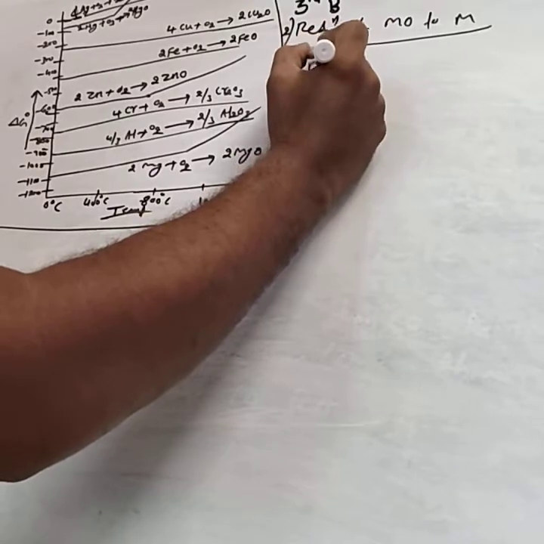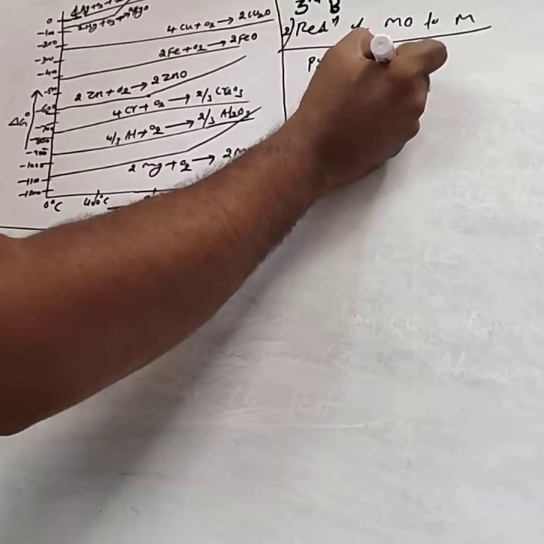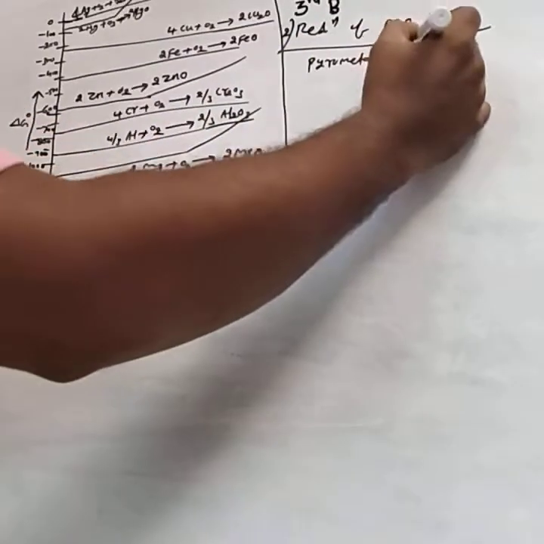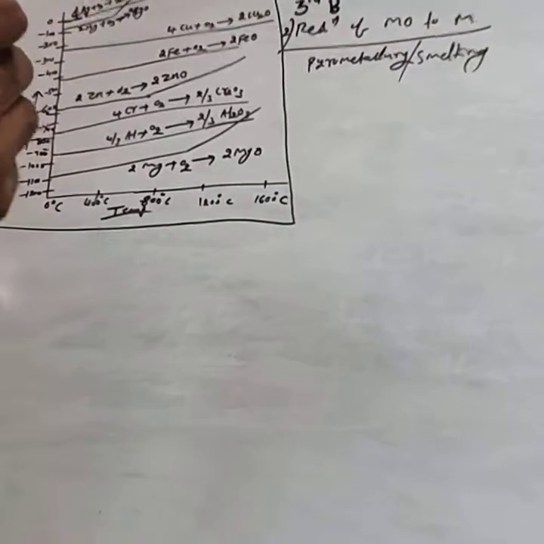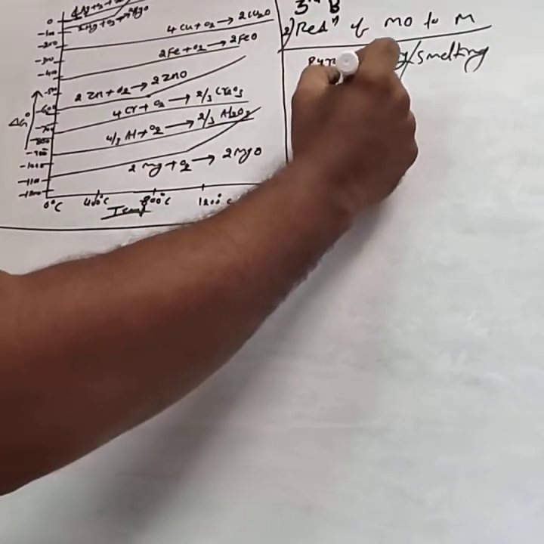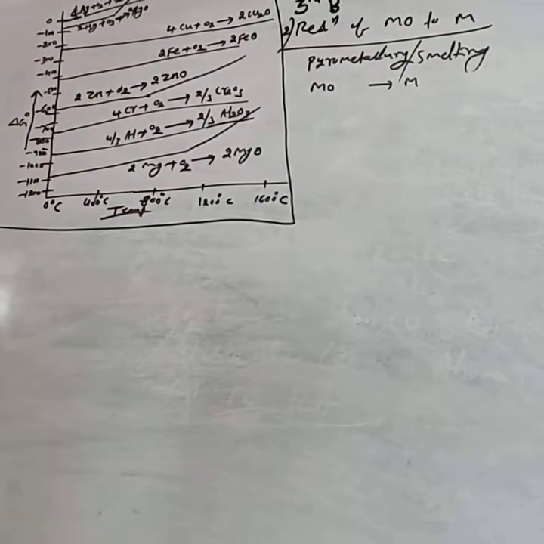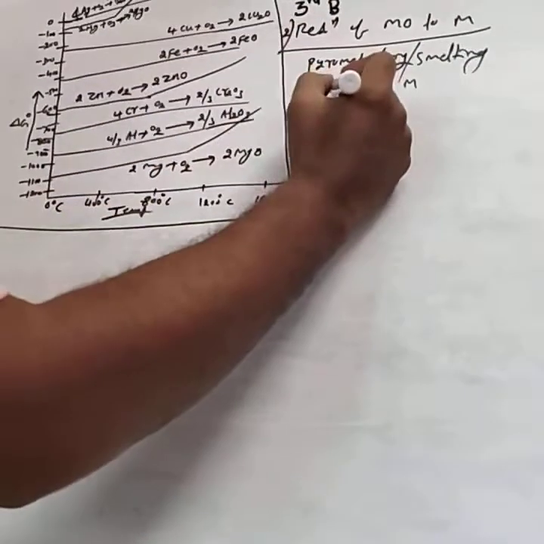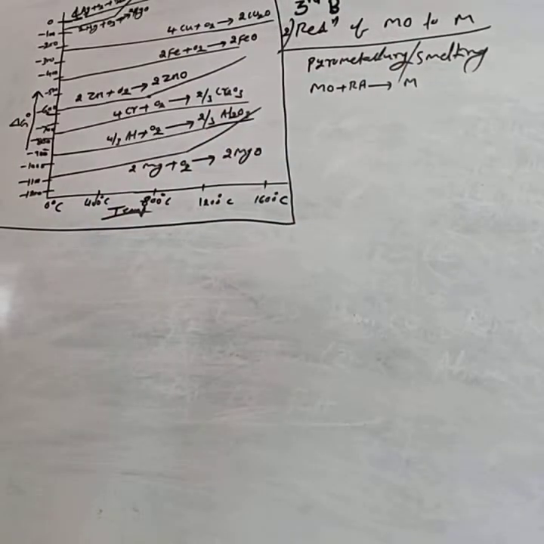In pyrometallurgy, also called smelting, metal oxide is reduced to metal by using a suitable reducing agent.